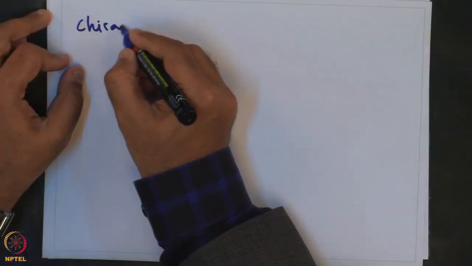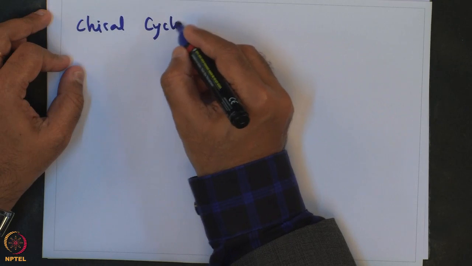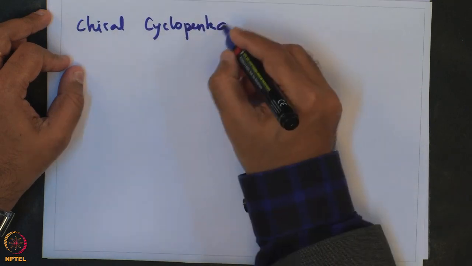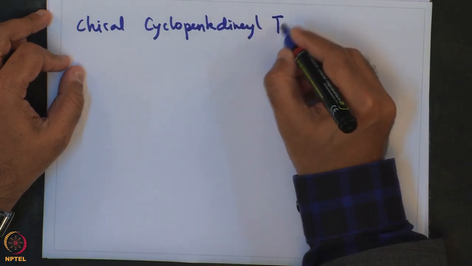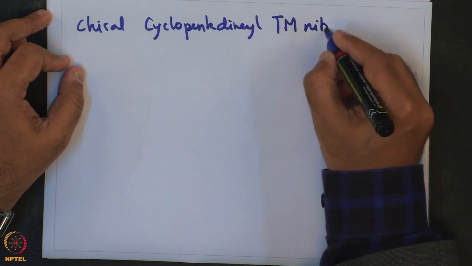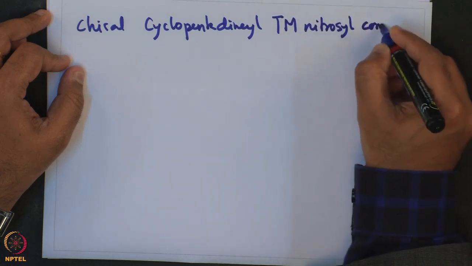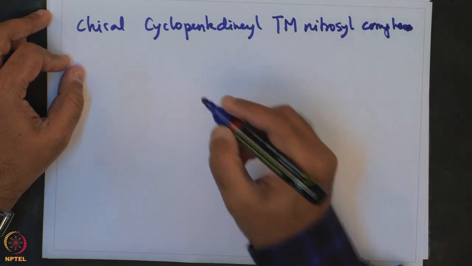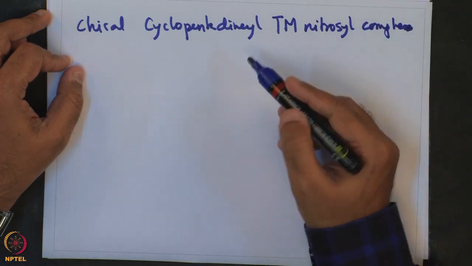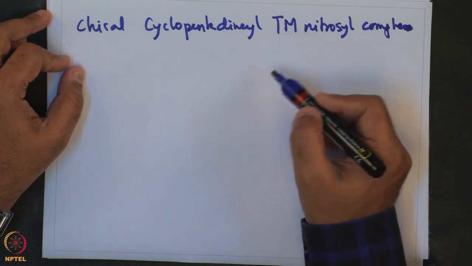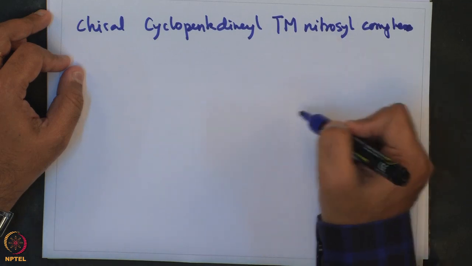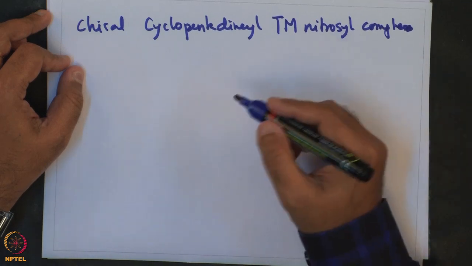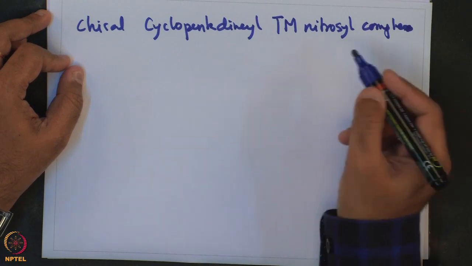So, we are going to talk about chiral cyclopentadienyl transition metal nitrosyl complexes. One can envision that this transition metal is bound to Cp and 3 other ligands, the second ligand being nitrosyl, and the third and the fourth have to be 2 different ligands. One can be carbon monoxide and the other can be phosphine.